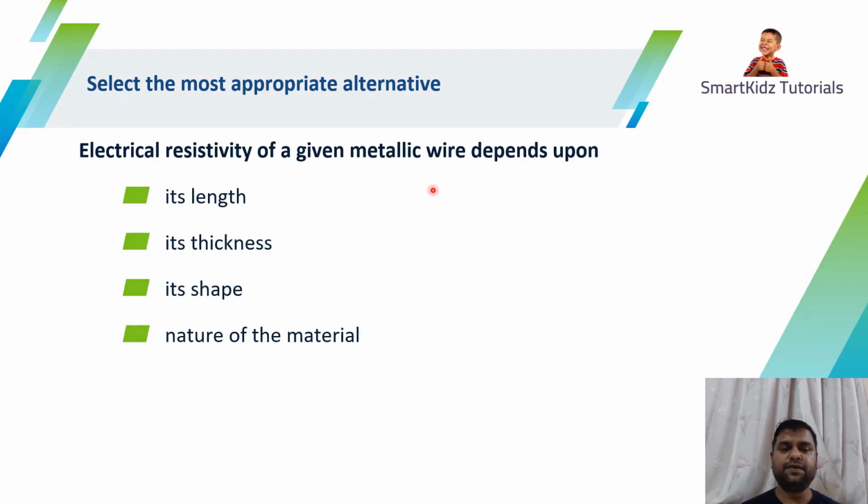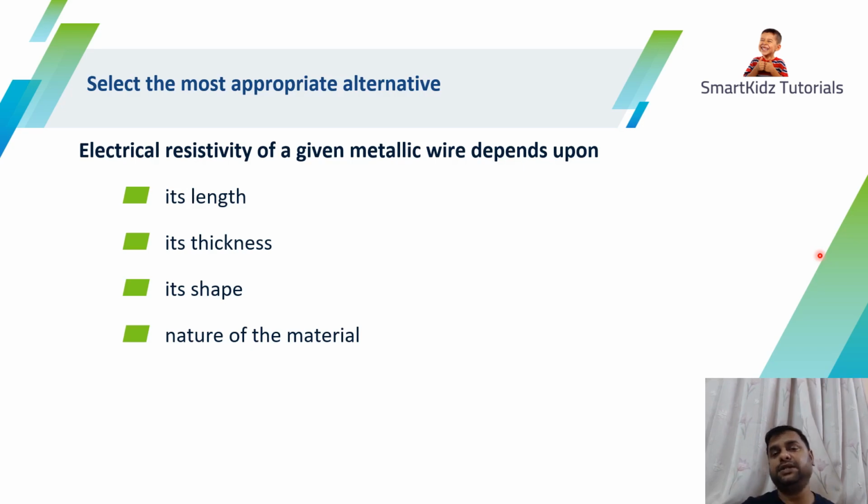Electrical resistivity of a given metallic wire depends upon the choices given: length, thickness, shape, nature of material. We can rule out shape because shape has got nothing to do with the resistivity. When we speak about resistivity, the length and the thickness matter. It is directly proportional to the length.